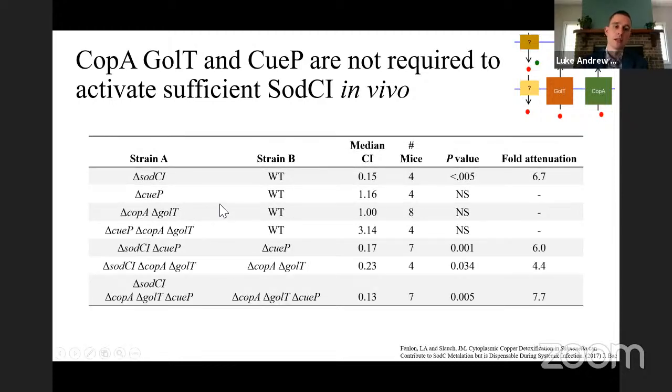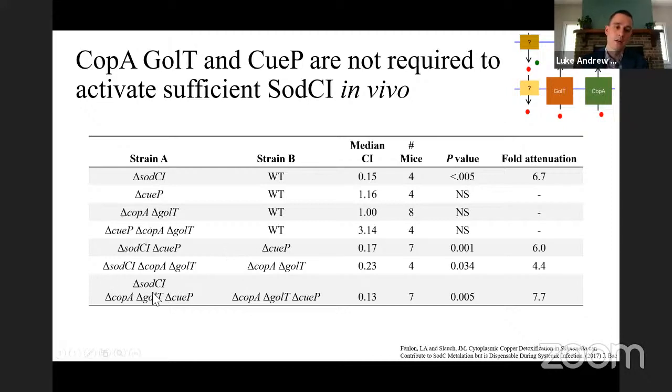Now, another way we can ask this question to further support our interpretation of the previous set of experiments is to look at the phenotype of a SOD1 mutant in competition against these mutant backgrounds. The idea behind this set of experiments is that if QP and the transporters are important for activating SOD1, we'd expect that in the absence of that transport system, the SOD1 phenotype would be decreased because it had decreased activity, and so the virulence defect would essentially go down.